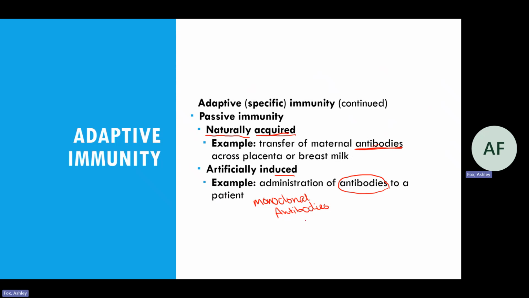Then we would give them an infusion of IV antibodies from someone that has already fought off COVID. They were antibody specific against COVID, and it would help. This actually saved people's lives because this would help their immune system out.